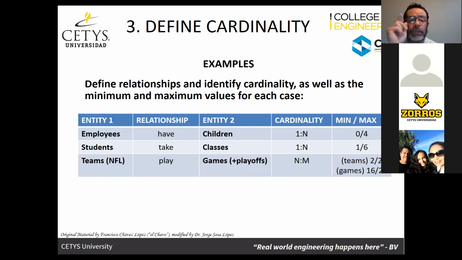Okay. Now, here in the case of employees and children, employees in a company have an employee number, so I can clearly identify them. But children don't have employee numbers. Would you agree? And if they do, that company is wrong.